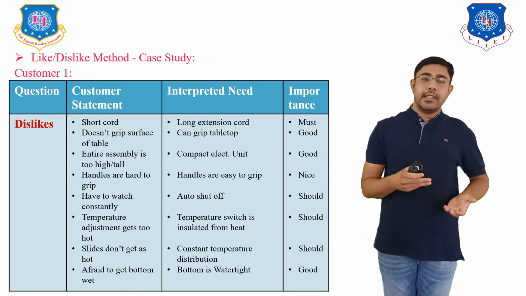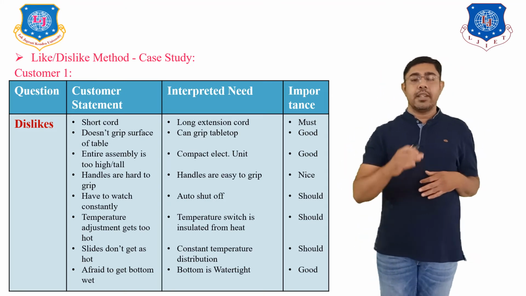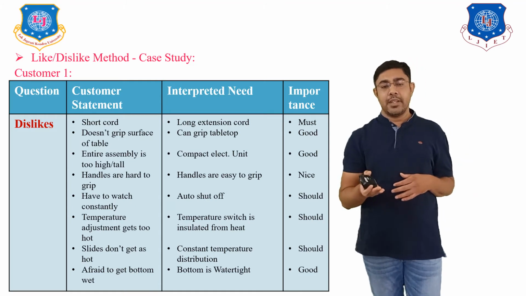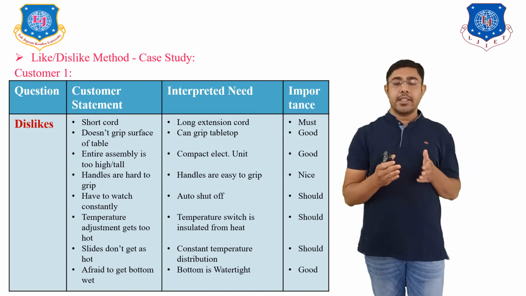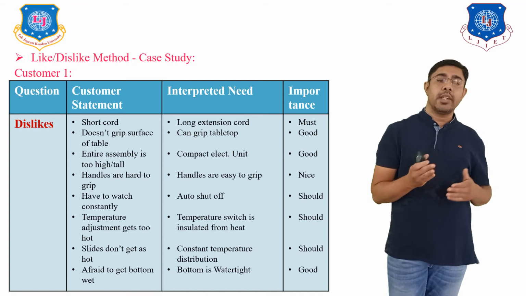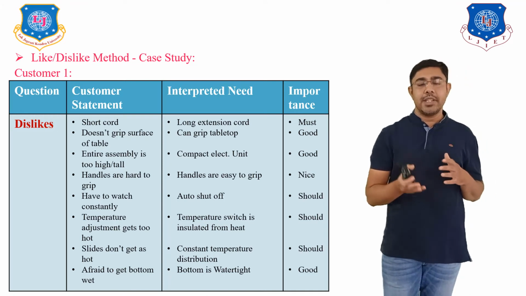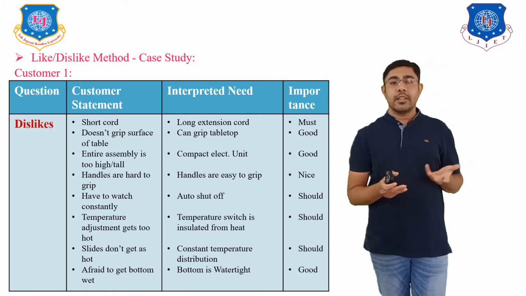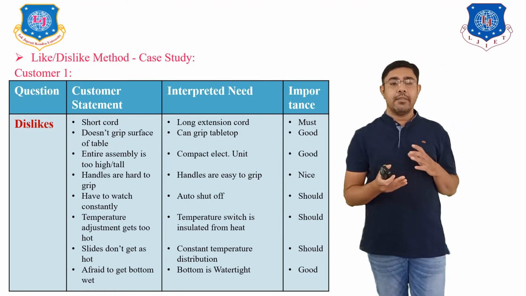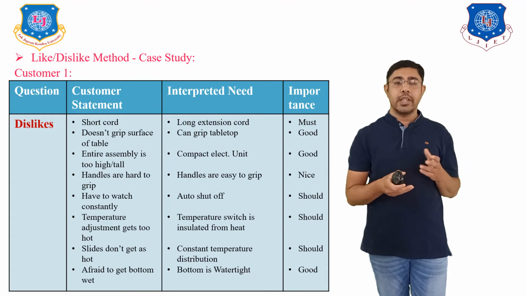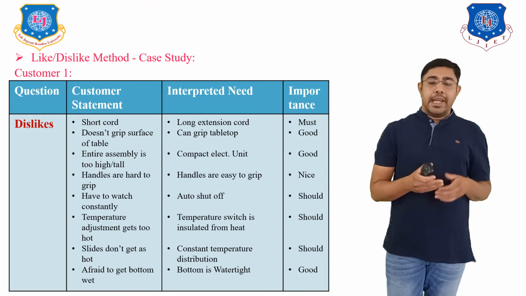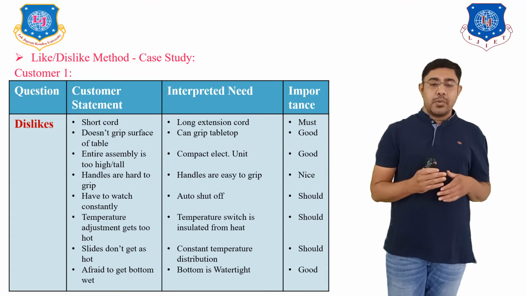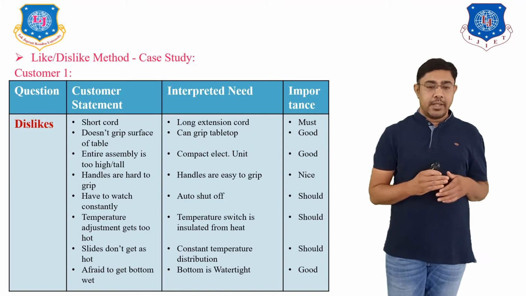So this is the dislike statement of customers, and the interpreted need of this statement is the temperature switch is insulated from the heat. If the temperature switch is insulated from heat, it cannot get hot, and we can easily operate it during the cooking.